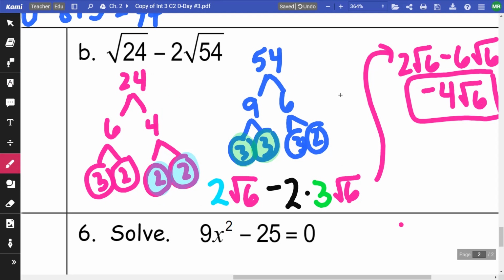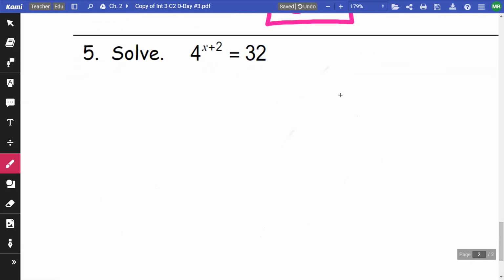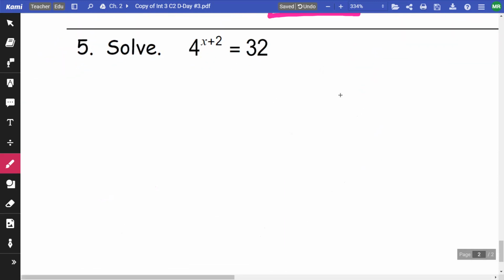Okay, last 2. On one like this, from Integrated 1, when you're trying to get the same base, a 4 to not a nice power is going to be 32, because 4 squared is 16 and 4 cubed is 64, which is too much.